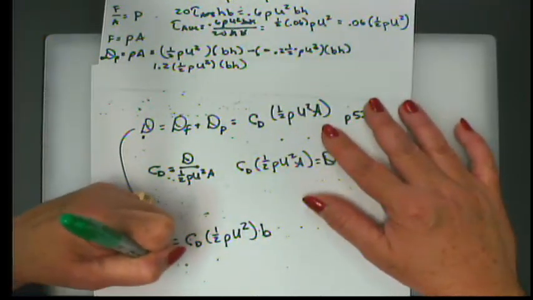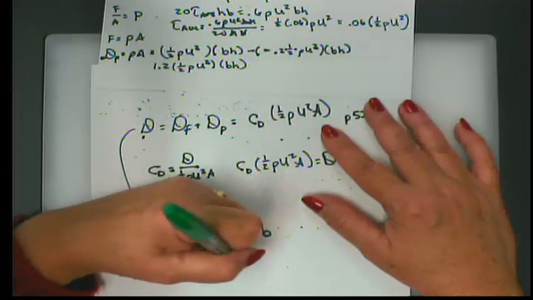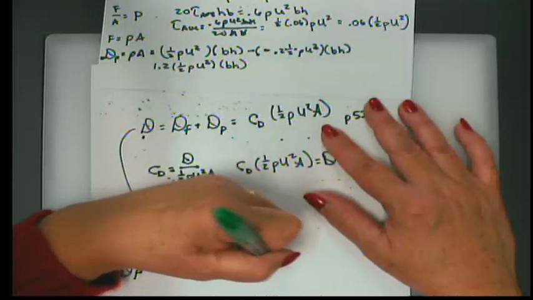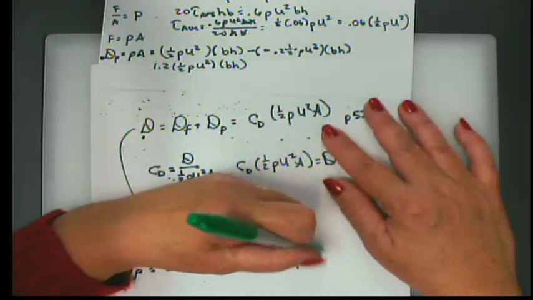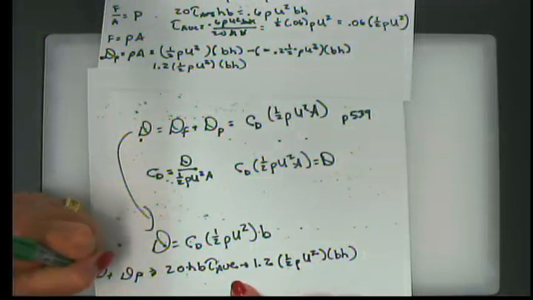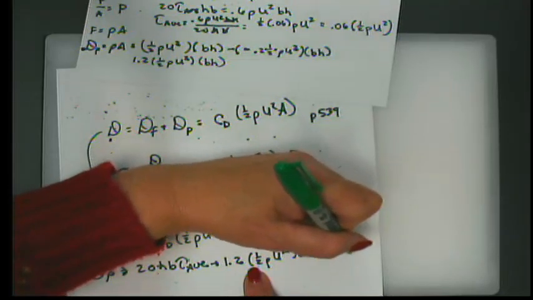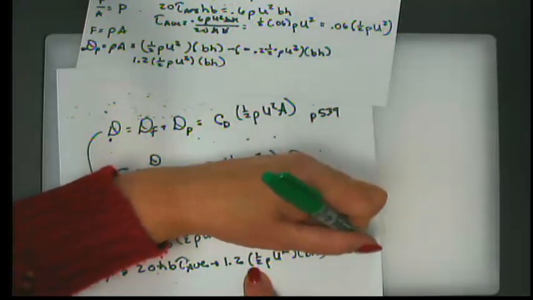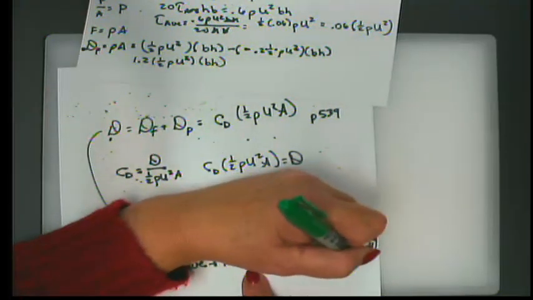We know that that is 20 HB tau average, and we know that d sub p is 1.2 times 1/2 rho u squared times BH. So there's my d sub p plus d sub f. All right, so I have that. And then we know that's equal to C sub d times 1/2 rho u squared times BH, because that's the area.